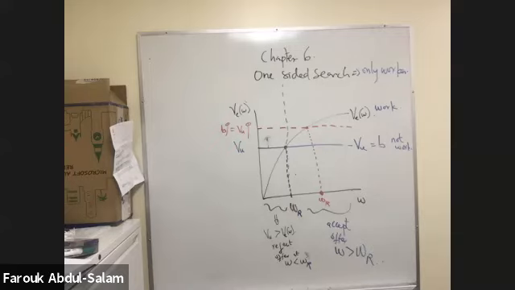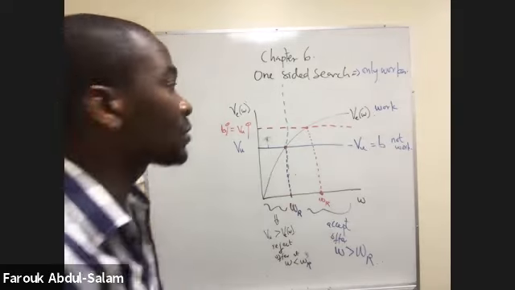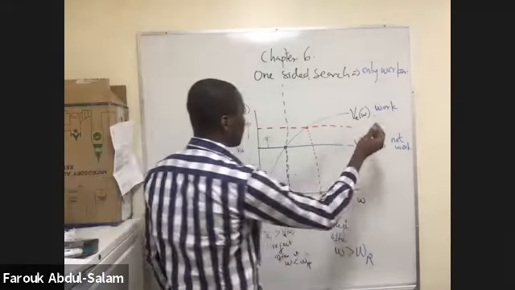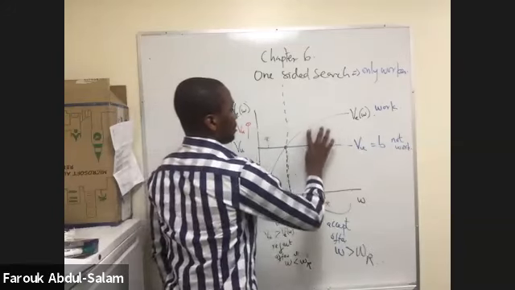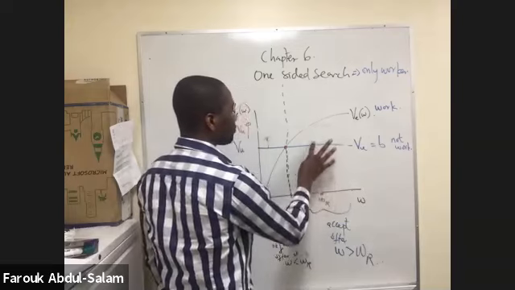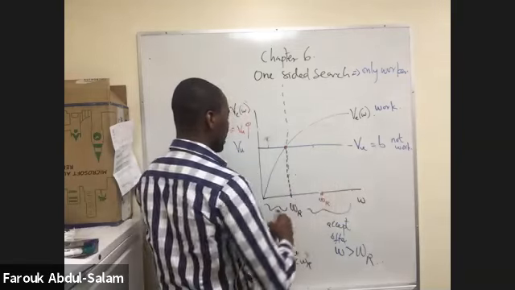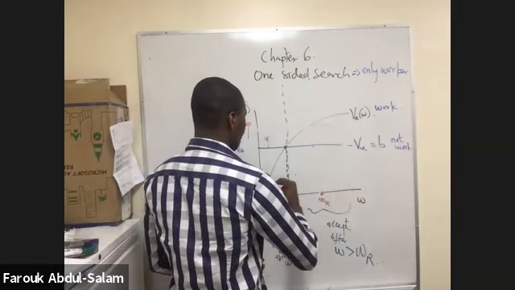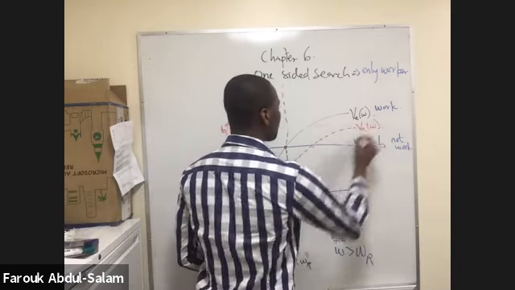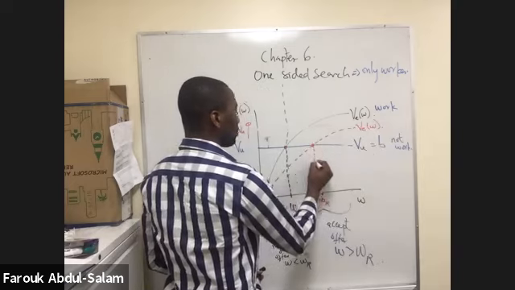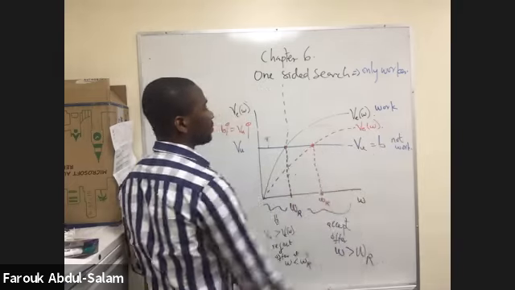And you might want to take the case of the separation rate. What happens when the separation rate goes up? So I'm going to cancel this. Think about what happens when the separation rate goes up. Again, the same idea. When separation goes up, the value of you working goes down. And as the value of you working goes down, you will be unwilling to take many offers anymore.